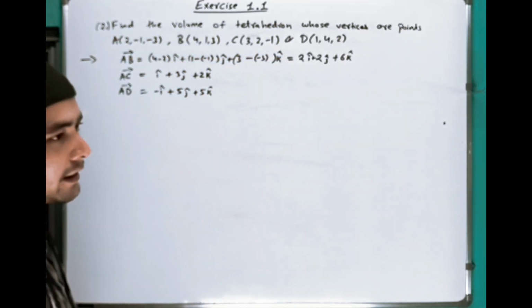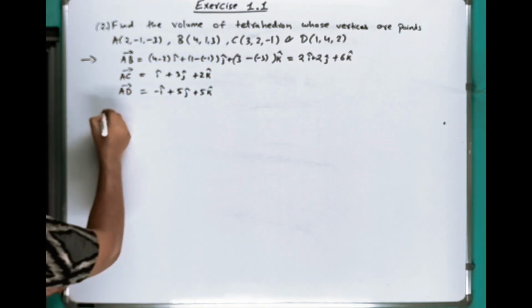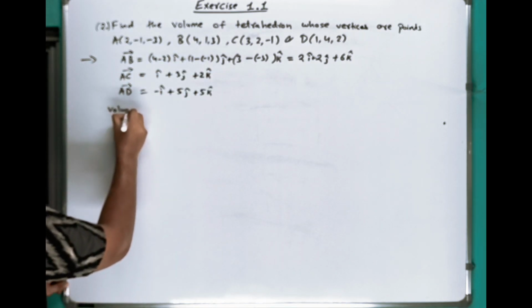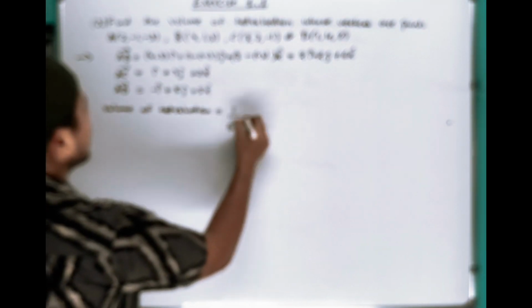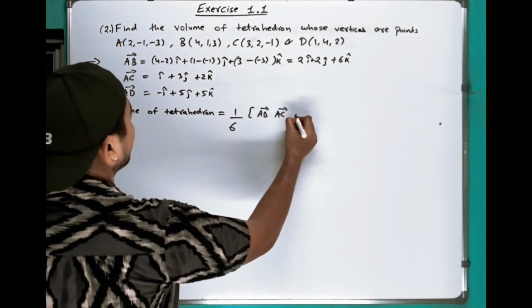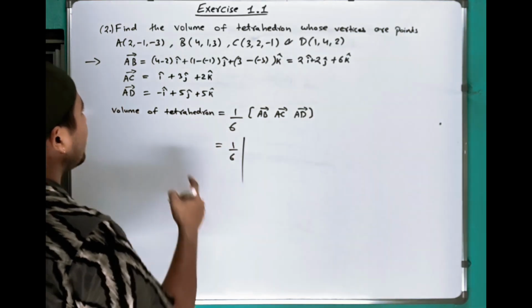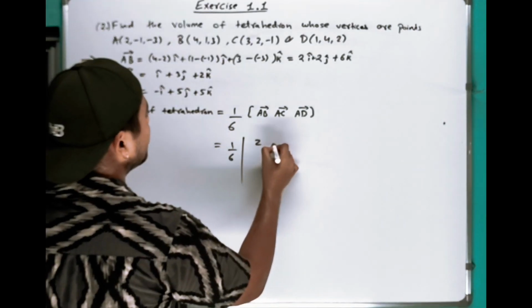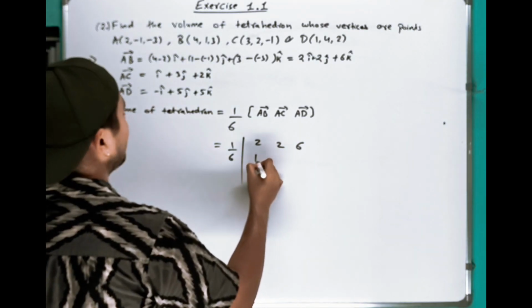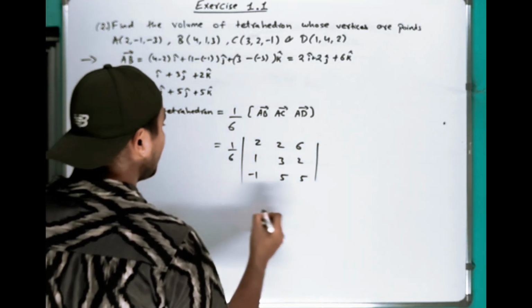We have taken one point as a common point, and as we know that the volume of tetrahedron is equals to 1 by 6 times the scalar triple product. So it is equals to 1 by 6 of, this is 2, 2, 6, and this is 1, 3, 2, and this is minus 1, 5 and 5.